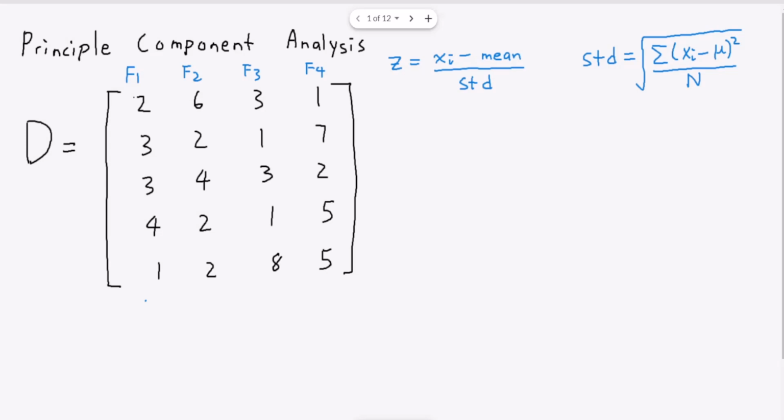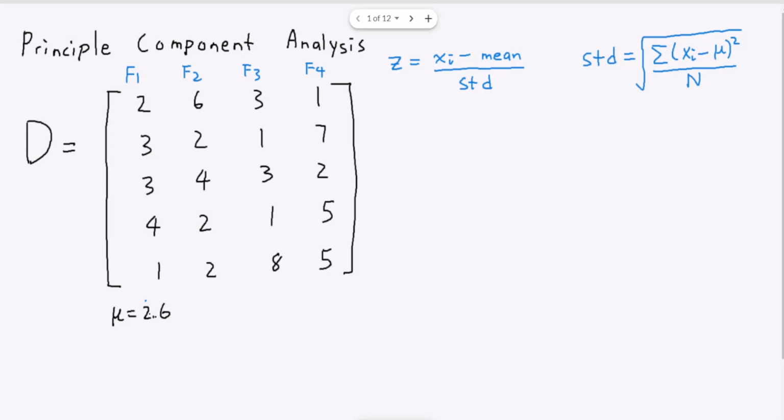So let's go ahead and do the mean and the standard deviation of the first feature. Okay, so for the mean of the first feature, what do we have? Well, this is 2 plus 3 plus 3 plus 4 plus 1 divided by 5. And I am going to use mu to denote the mean or average. So this would be 2.6.